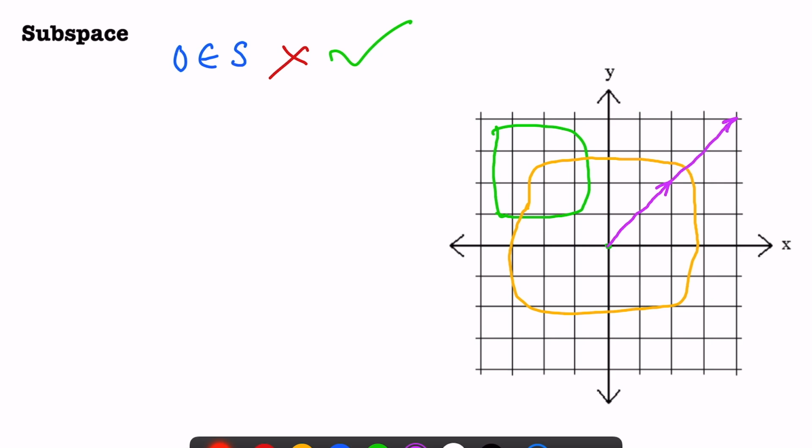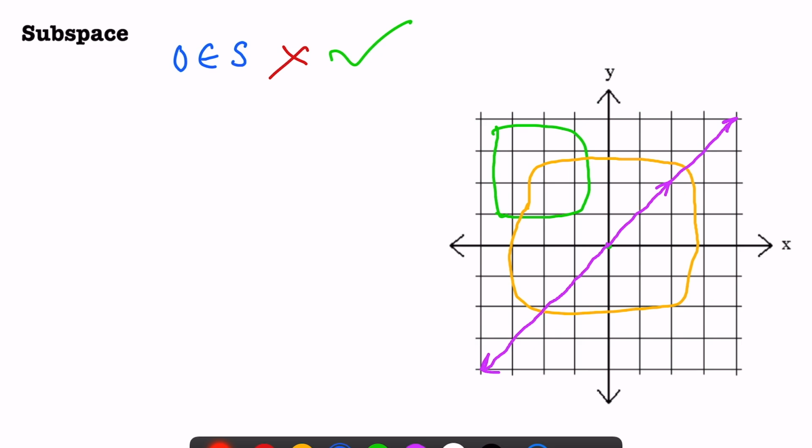It goes out of this subset. So this is not closed under scalar multiplication. If we multiply this vector with a negative scalar, we'll flip the direction, will go in this direction, and there also we are just moving out of this subset. So this also is not a subspace.